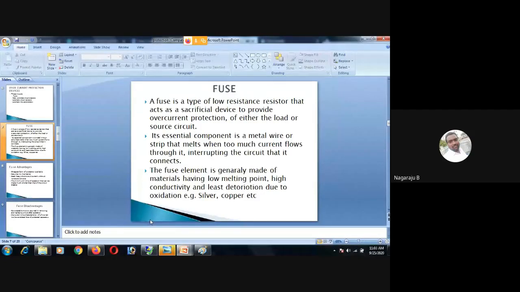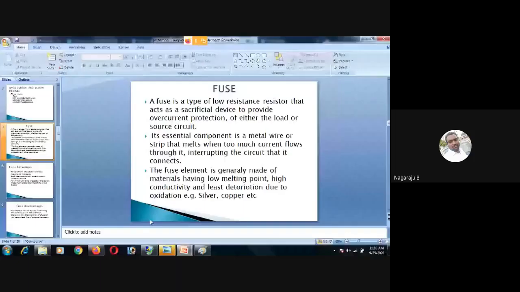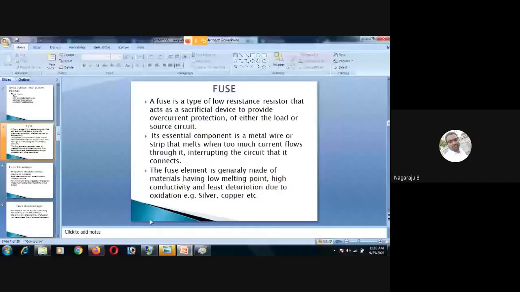In general, a fuse is a type of low resistance resistor that acts as overcurrent protection. I have mentioned in the PPT that it is an overcurrent protecting device, as well as opening the circuit.